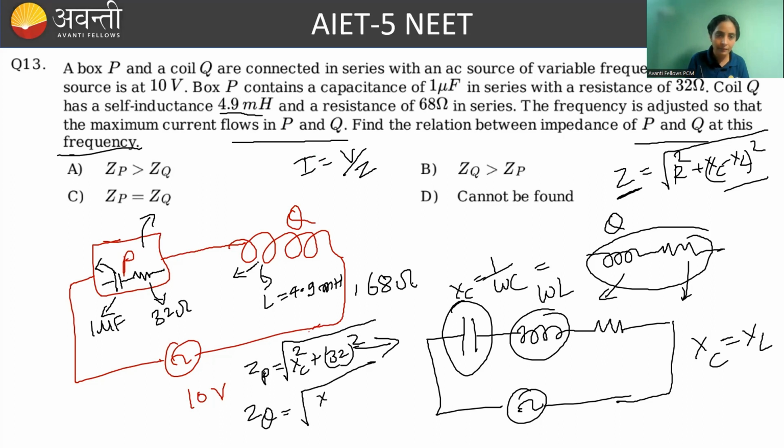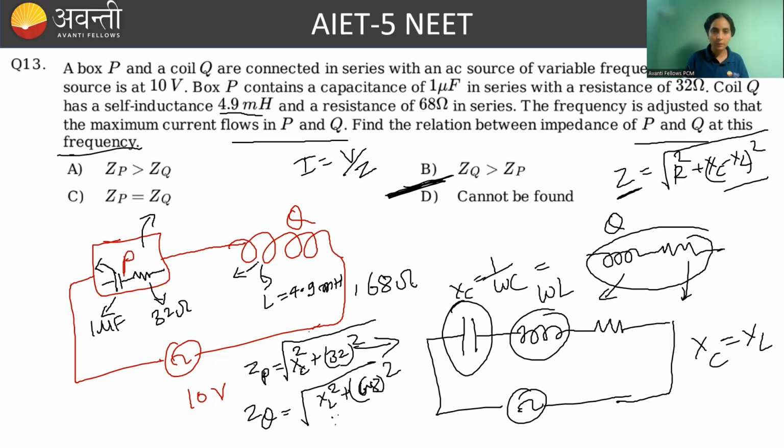That will be written as the square root of XL square plus the resistance, how much is that resistance? That resistance is 68, so 68 square. So which will be higher, ZP or ZQ? Because XC and XL are equal, definitely ZQ is greater than ZP. So you just needed to understand the question to solve it. The question is very easy.